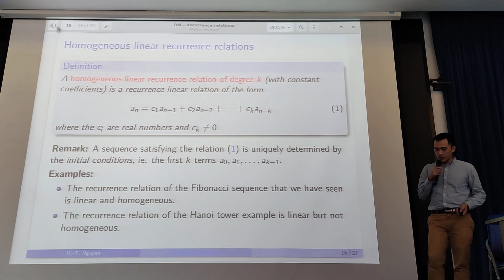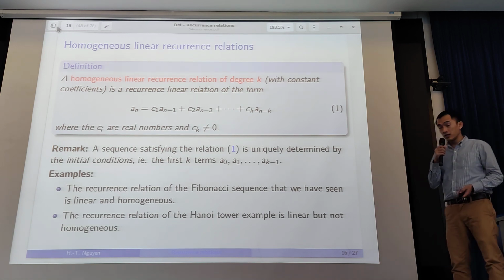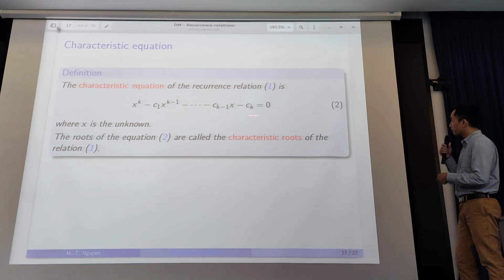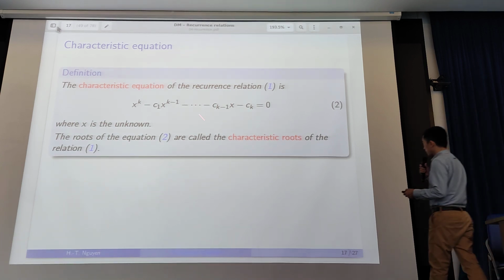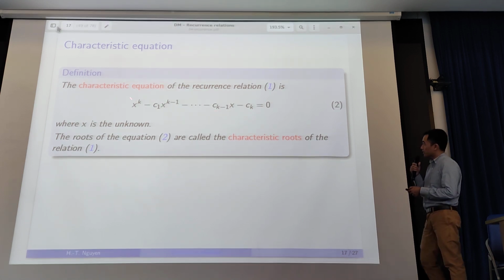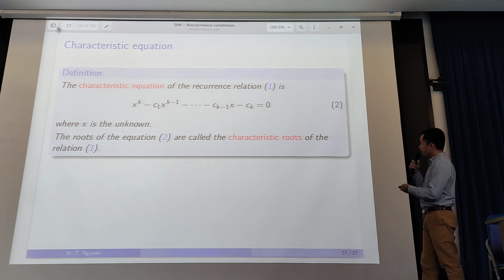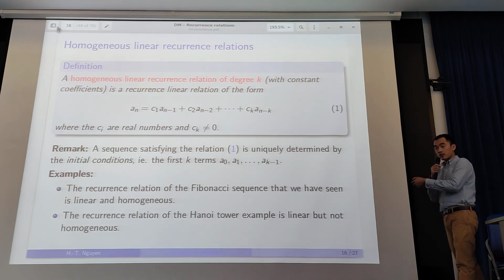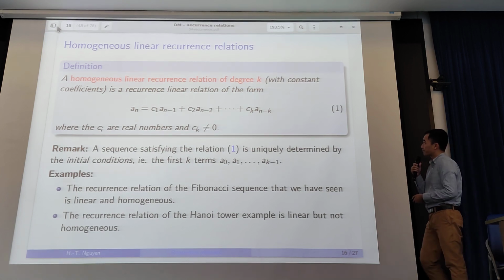Okay, so in order to solve a linear relation, we introduce what we call the characteristic equation. So it is a polynomial equation of this form. In order to find this equation, you simply take the relation.